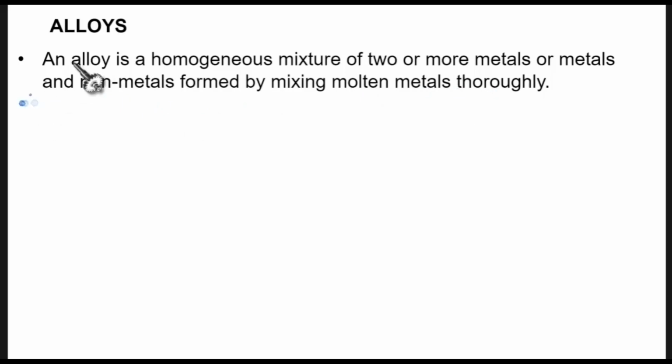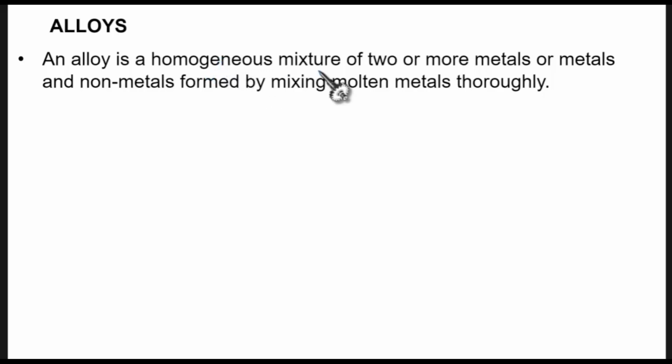So when two or more metals are mixed thoroughly, then it forms what we call an alloy. And an alloy is a homogeneous mixture.